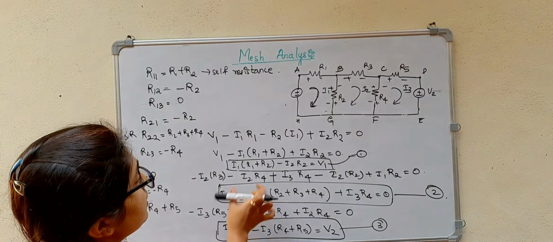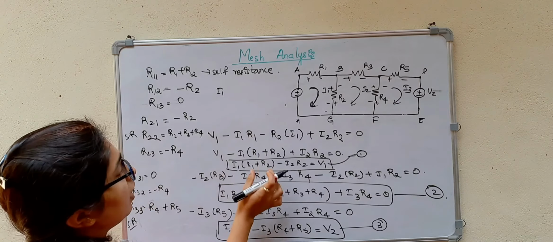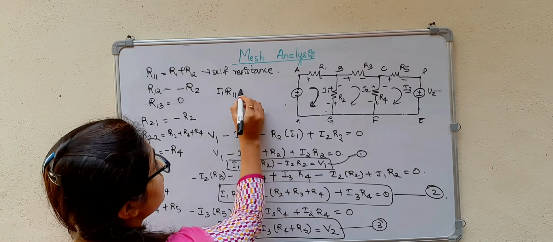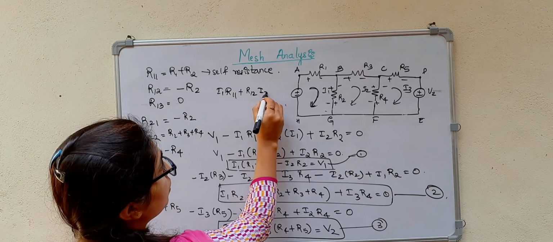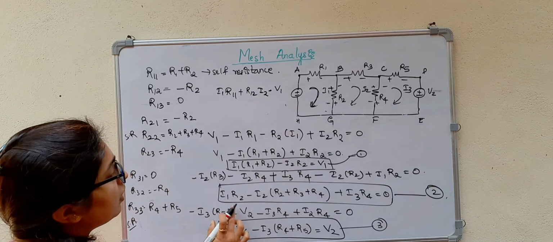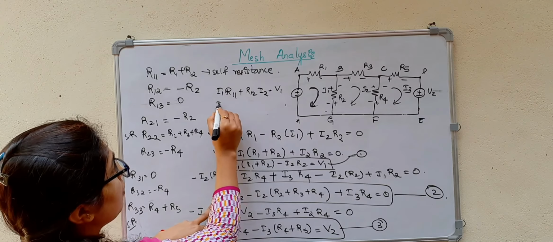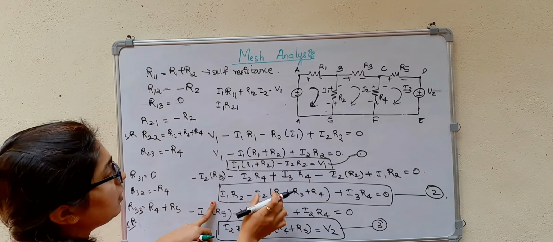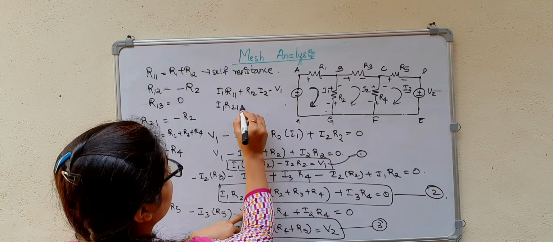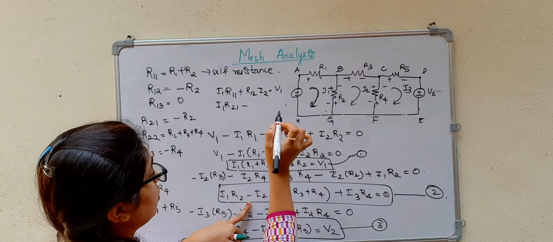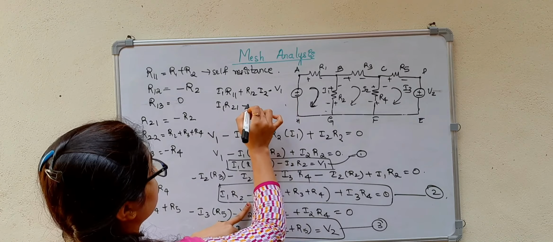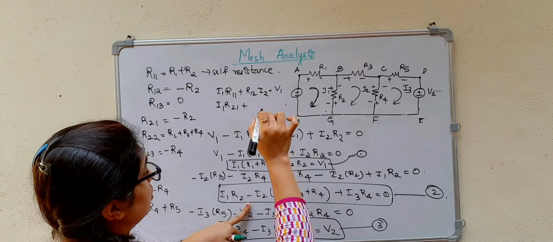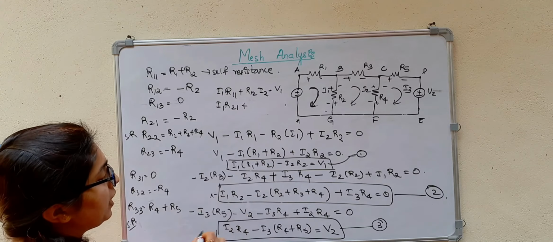So we can write this: I1 R1 plus R2, which is nothing but R11, minus R2 is nothing but R12, I2, that is equal to V1. Next we can write this as I1, R2 is nothing but R21. We can multiply it by minus everywhere.